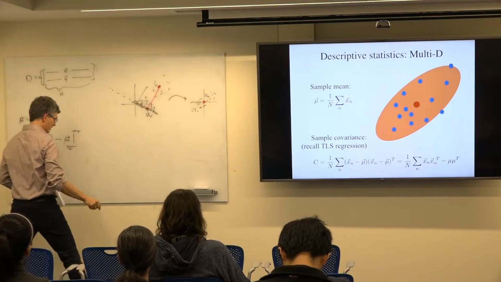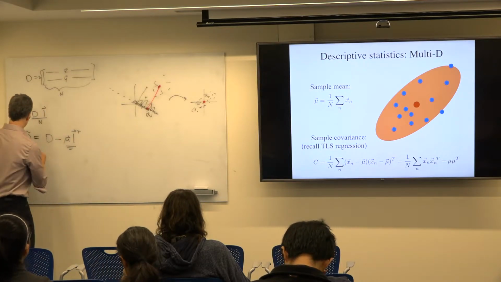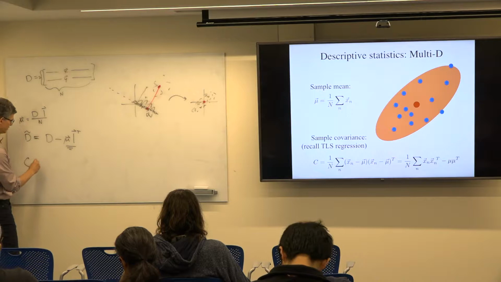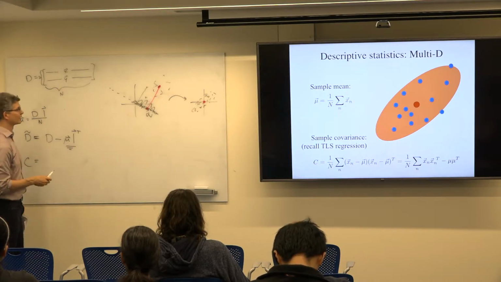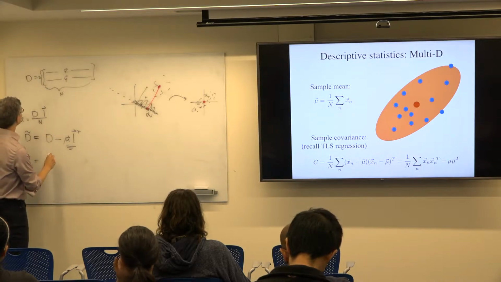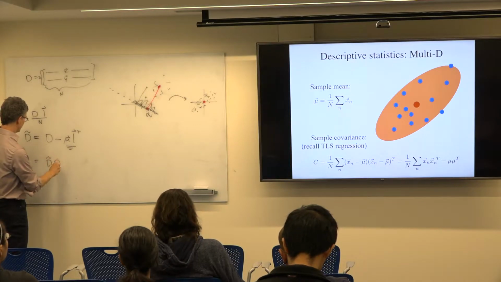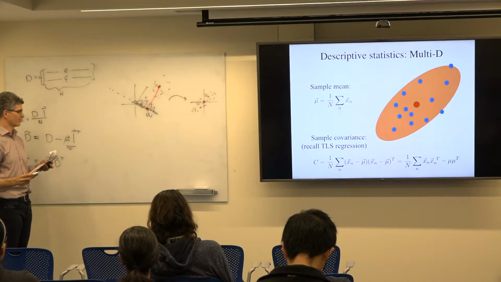So we define the covariance C, which is going to be a 2x2 matrix, as d tilde times d tilde transpose. I'm sure I have my transposes right. Yes, that's fine.